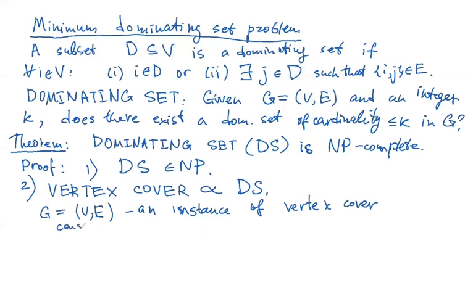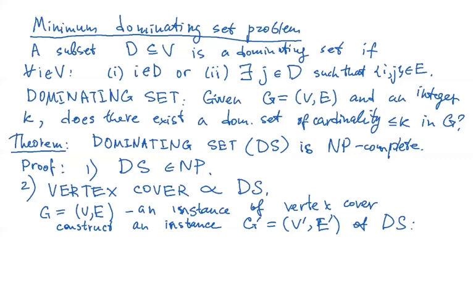So construct an instance G bar, with the set of vertices V prime, E prime, of dominating set as follows.